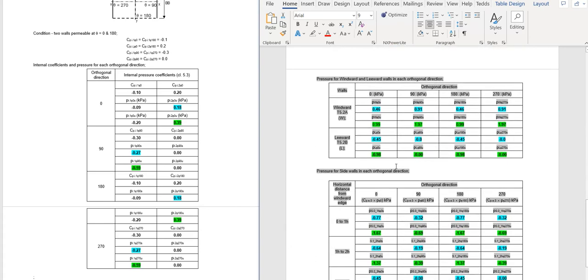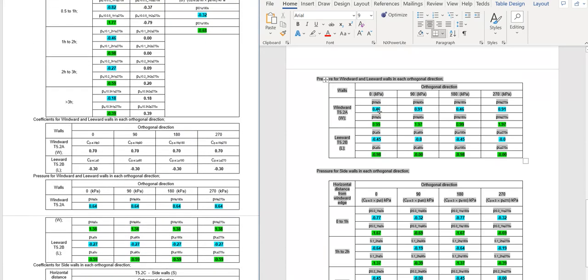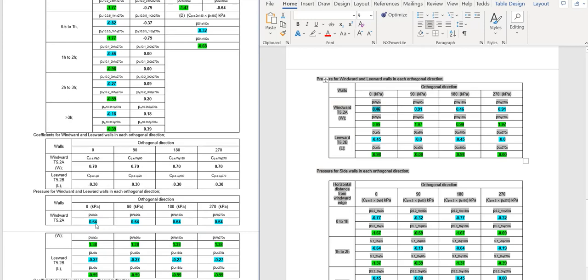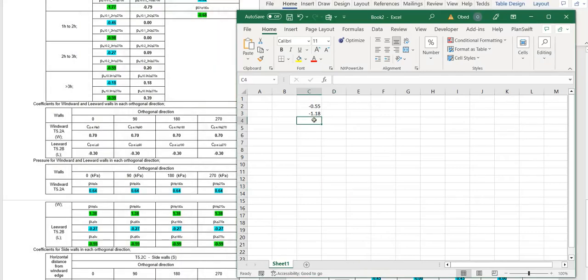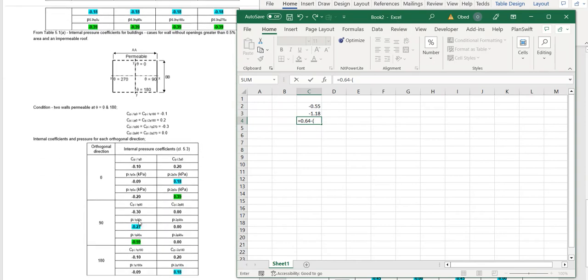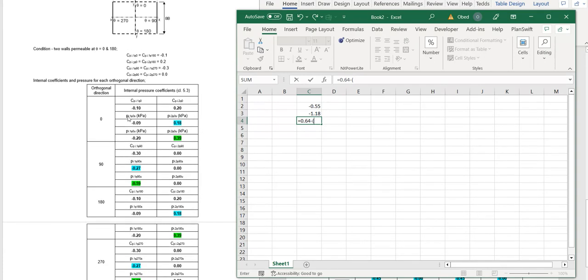Next one is the net pressure for the windward, same thing. You have to get the external pressure, for example here, which is 0.46. What's my external pressure for windward? Negative 0.64. So go to Excel. Equal sign 0.64 minus, remember it's P external minus P internal. What's my value for P internal? Windward at every direction, let's say P internal is 0 to start with.